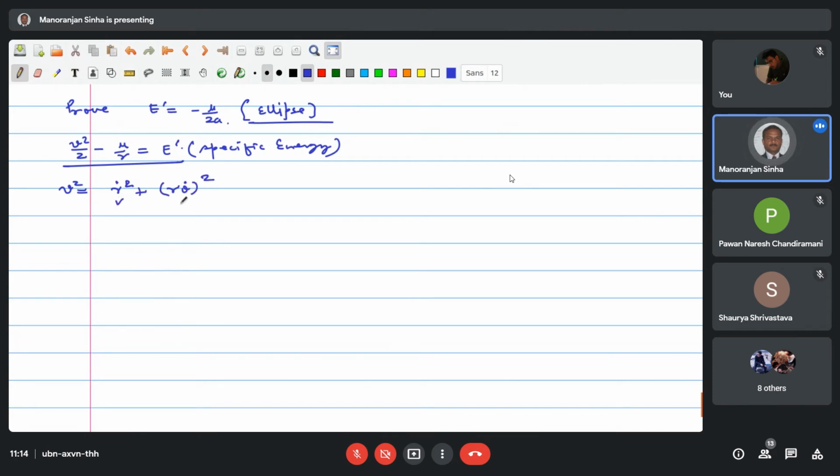This is the radial velocity and this is the normal velocity. That means you have here the focus, this is R, so R dot is along this direction and R times theta dot is this. Therefore velocity will be tangent to the trajectory, this is your V. This angle is theta. So we need to find out first the R dot and R times theta dot, insert here, and thereafter we can solve it.